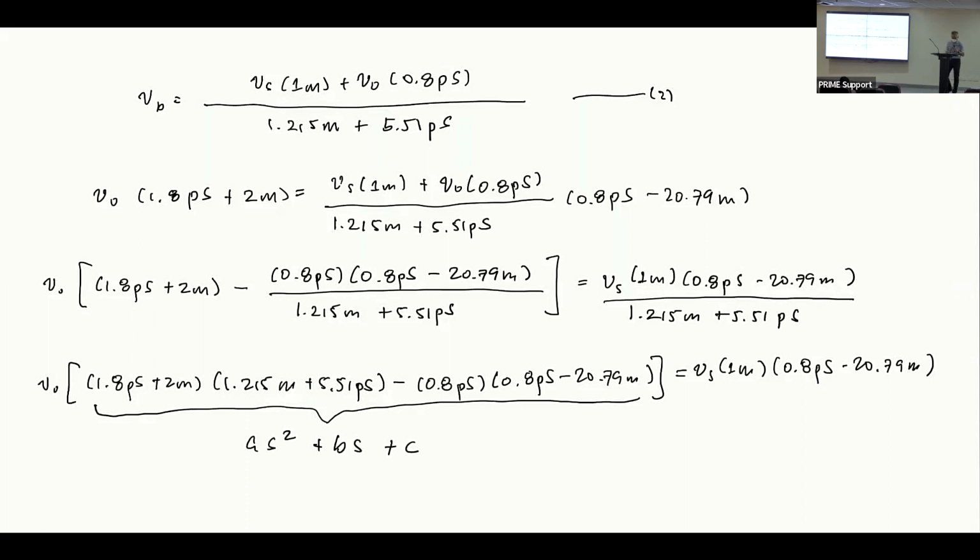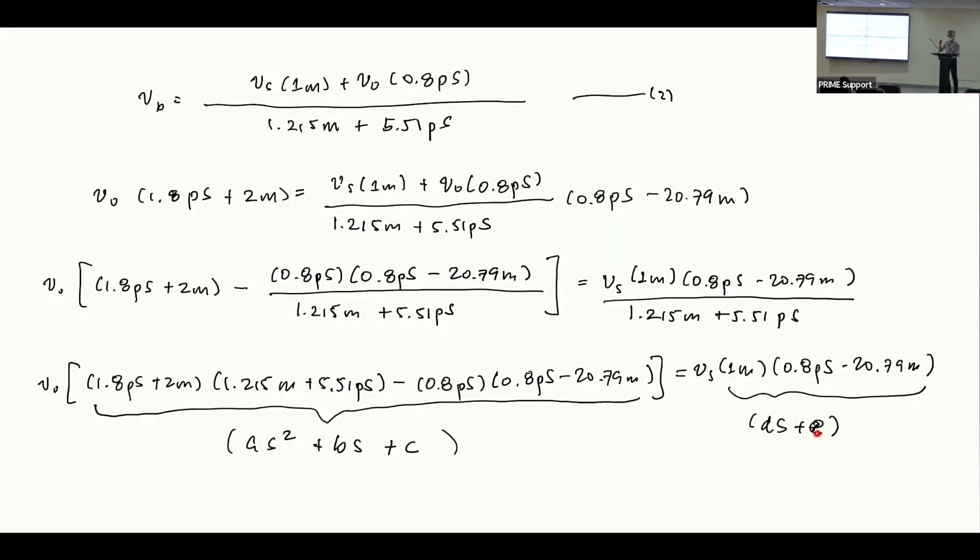And then here, I'm just going to get something like DS plus E, because here the highest order is just S. So I just multiply this into this. I'm going to get something like DS plus E.